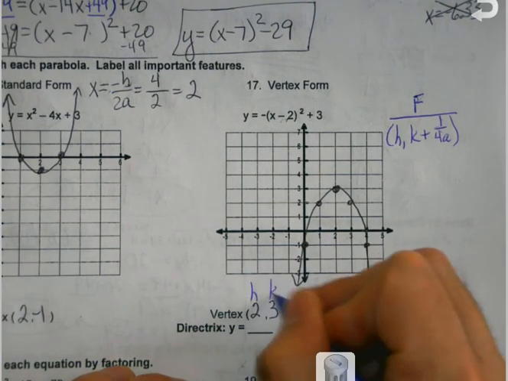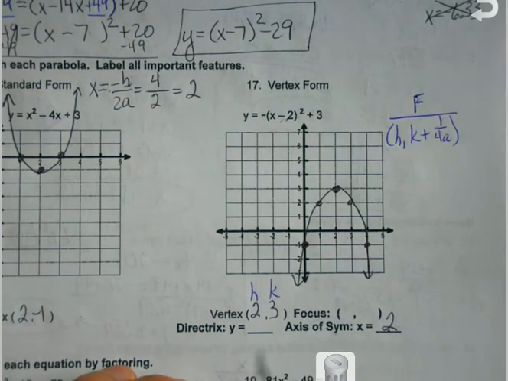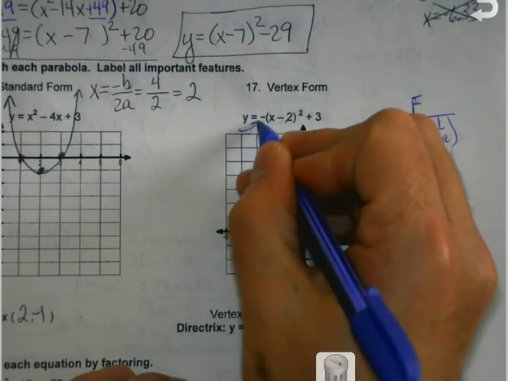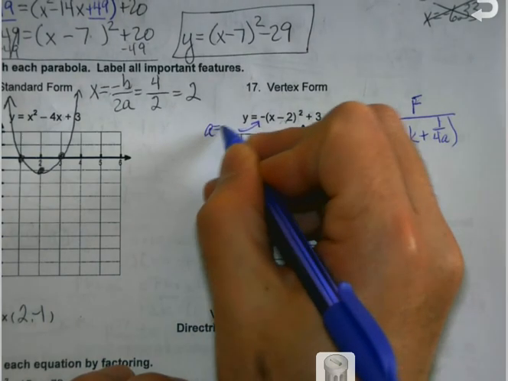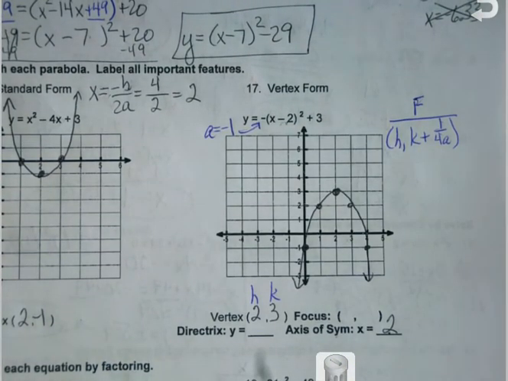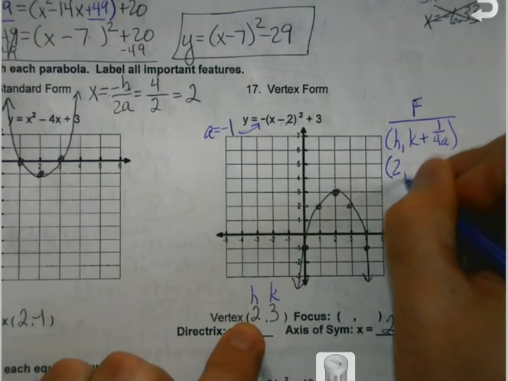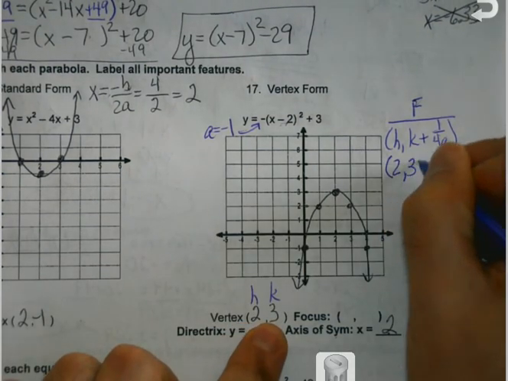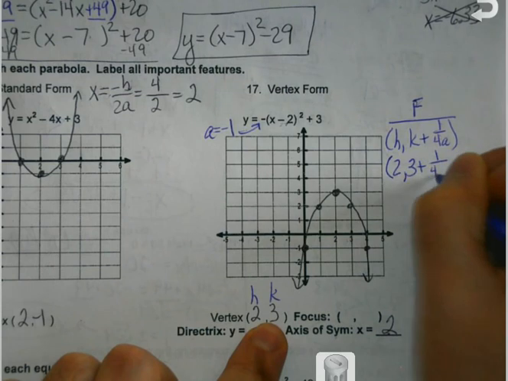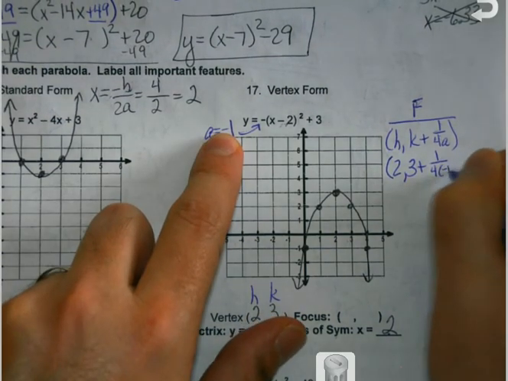My vertex gives me h and k. My a value is the number at the very beginning of the problem. It's in front of my x squared. In this case, it's negative 1. So I've got h, k plus 1 over 4a.